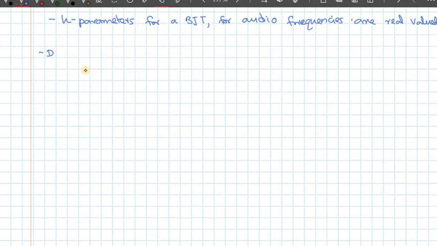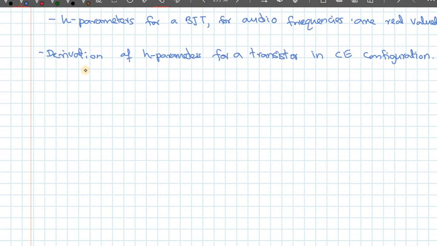Derivation of the H parameters for a transistor in common emitter configuration. Let the dependent variables VBE and IC, remember these are AC plus DC, be functions of the input current and output voltage.